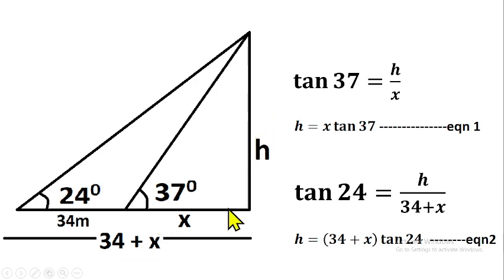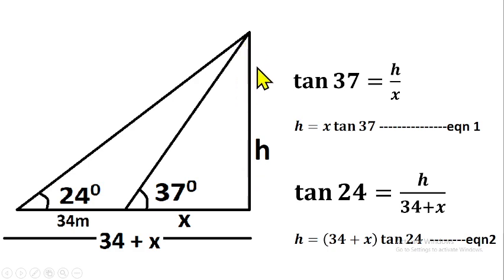For the small right angle triangle, this side is x. The side we are looking for is shared by the small triangle and the big triangle, so technically we can use that to find what we are looking for.